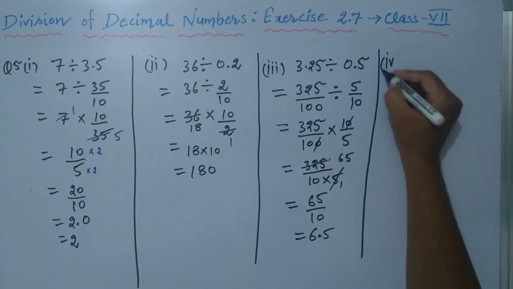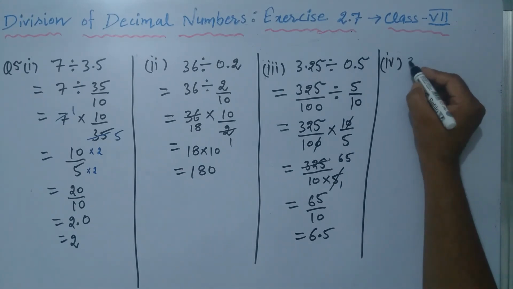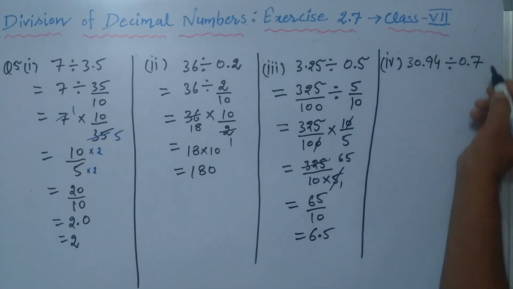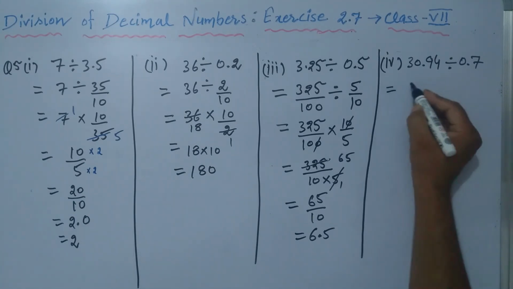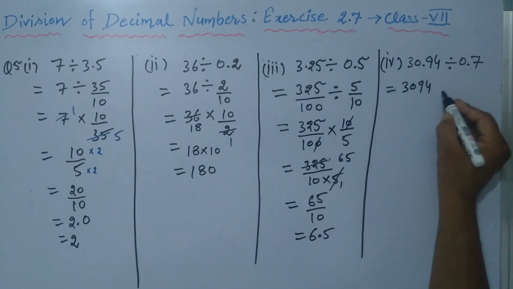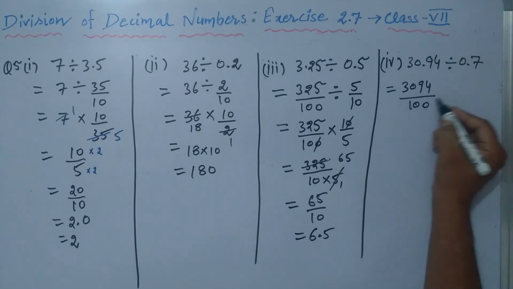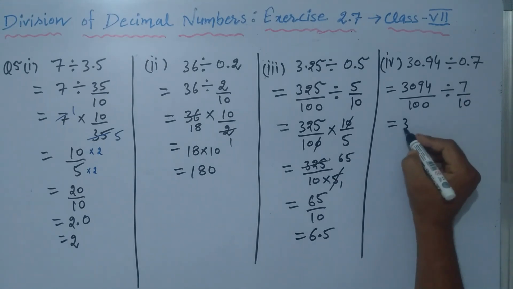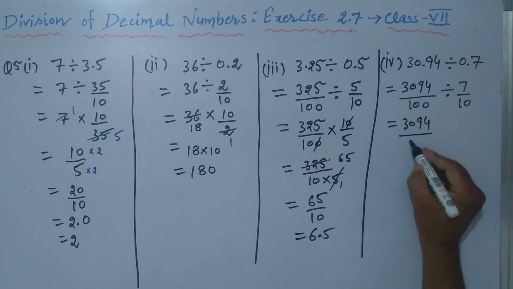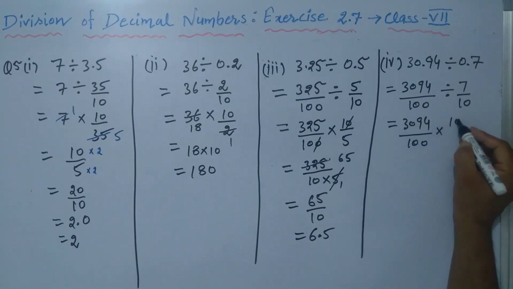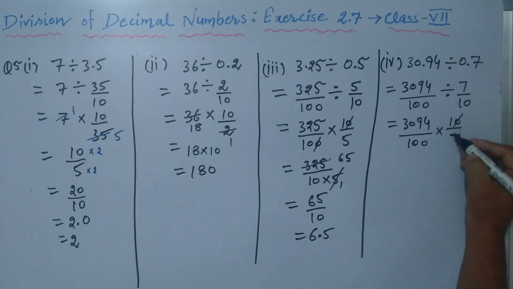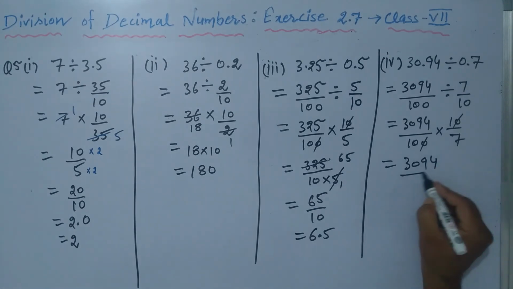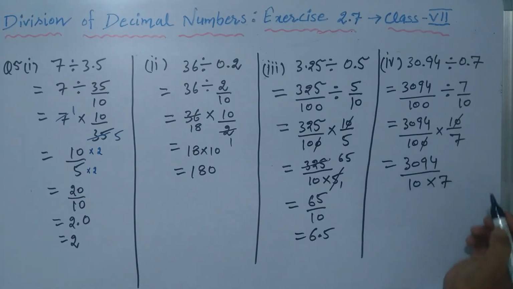Now part number 4, 30.94 divide 0.7. This means 3094 divide 100 divide 7 upon 10 equal to 3094 divide 100 into 10 upon 7. 1 0 cancel. 3094 upon 10 into 7.